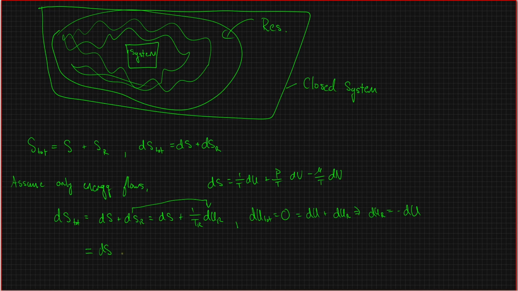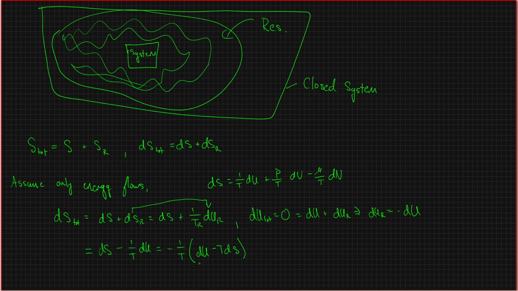So plus 1 over T, minus dU. And we can pull out an overall minus 1 over T, dU minus T dS. So this is just the expression of the total change in entropy in terms of quantities only in the system itself.